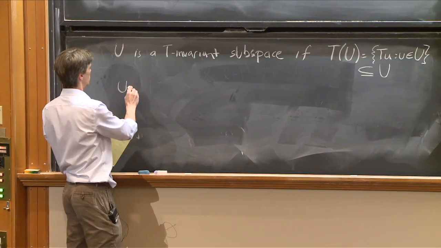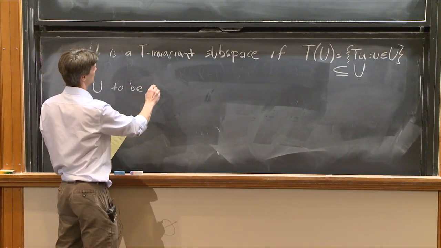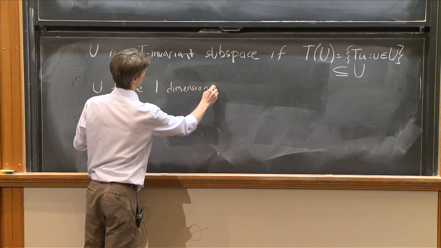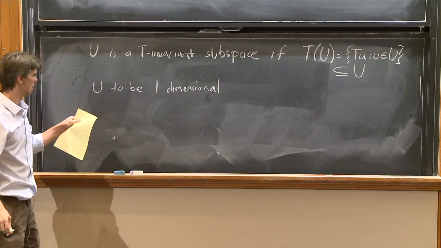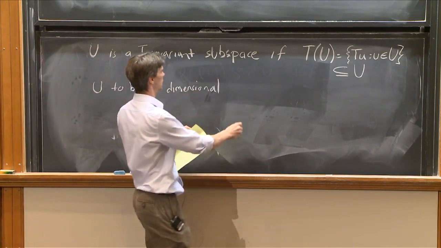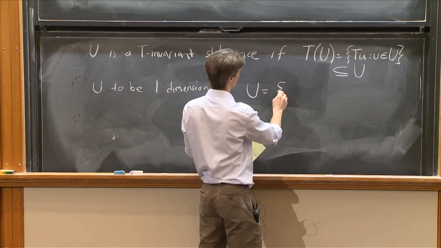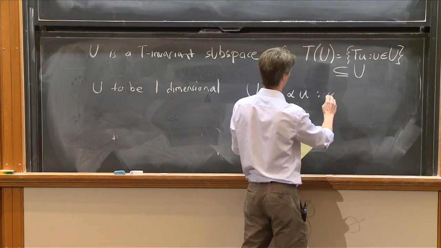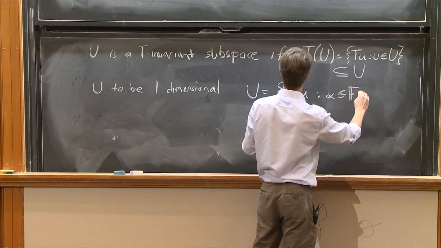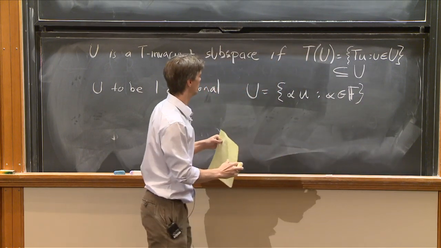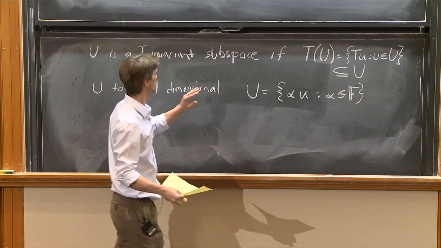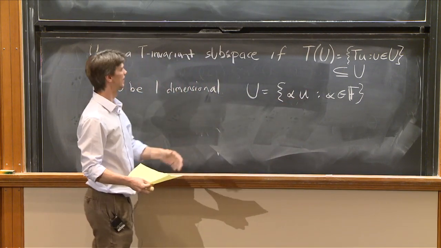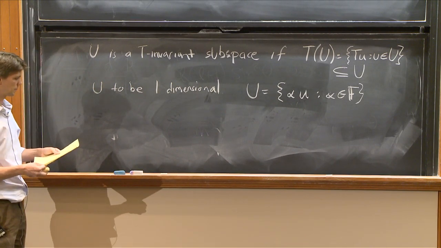So if we take U to be one-dimensional, that really means that I can write U as some scalar from whatever field I'm defining my vector space over, times a single vector u. Every element of this subspace U is just some scalar multiple of a single vector u, right? So this is a one-dimensional thing.